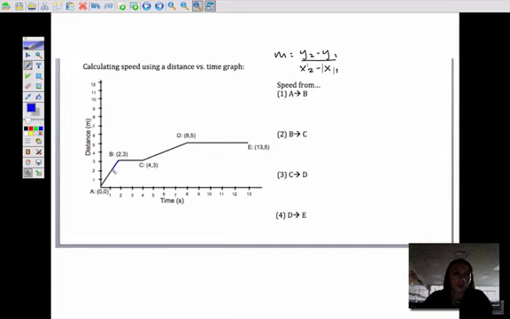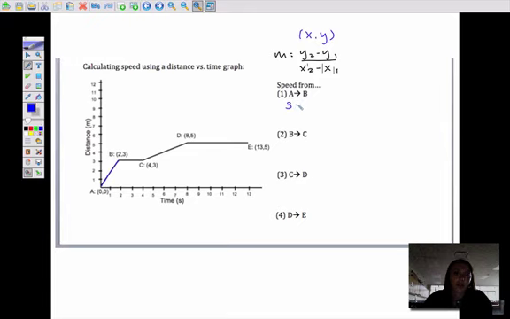So we're solving this line right here. Remember, we go left to right, so our first coordinate is going to be A, our second coordinate is going to be B. So if we need to find y2, and I know coordinates are in x, y, this 3 right here is going to be my y2 coordinate.